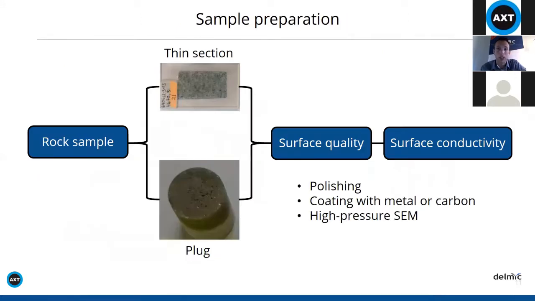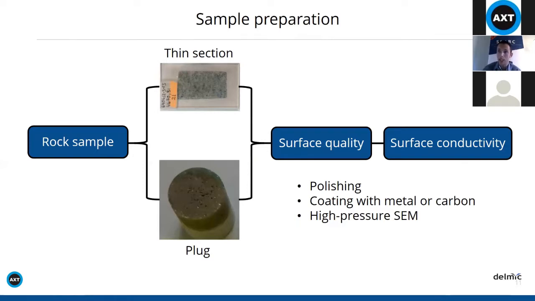Now, I also briefly want to discuss the sample preparation. Typically you start out with a natural rock, and this you somehow have to process for SEM imaging. What works well for CL imaging, and which is also quite common for other techniques, is to have a thin section, which is polished, or to have a polished plug or something that is embedded in resin.